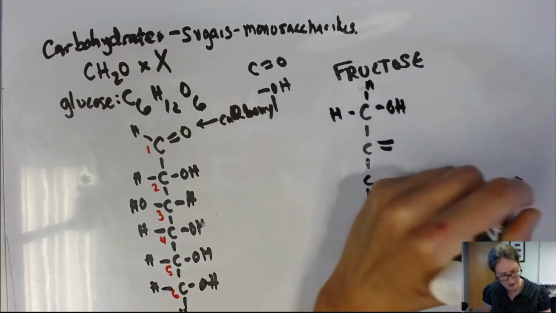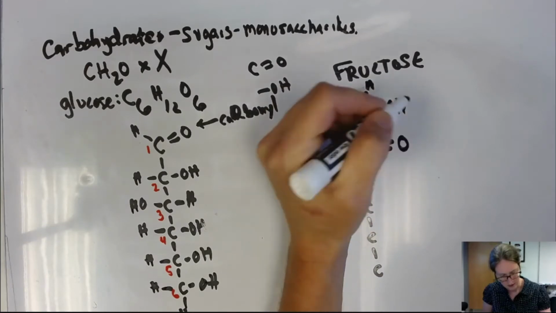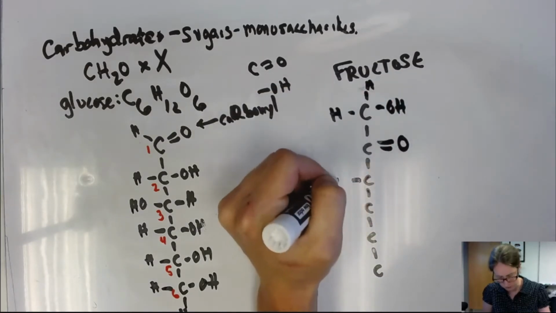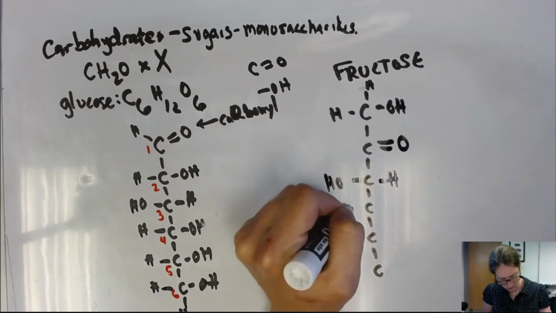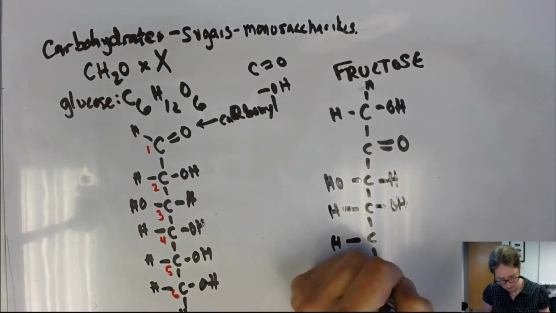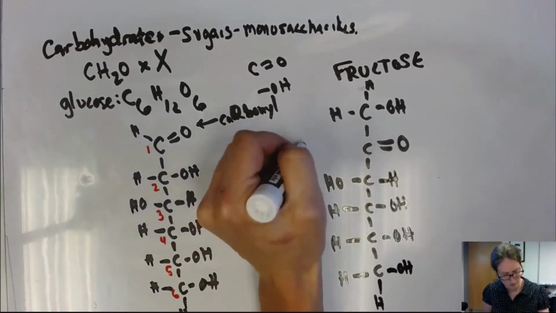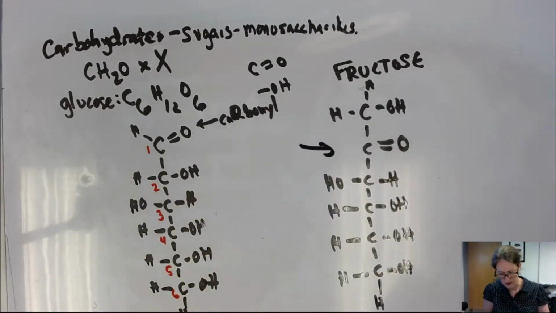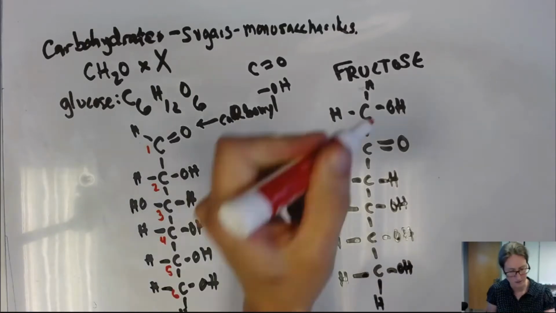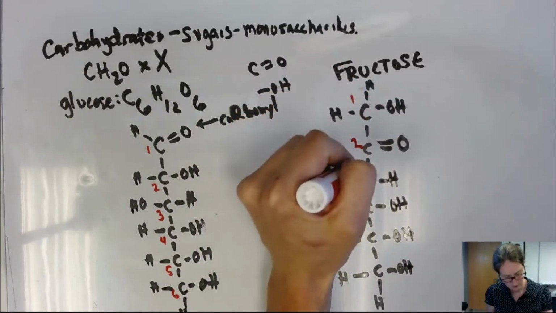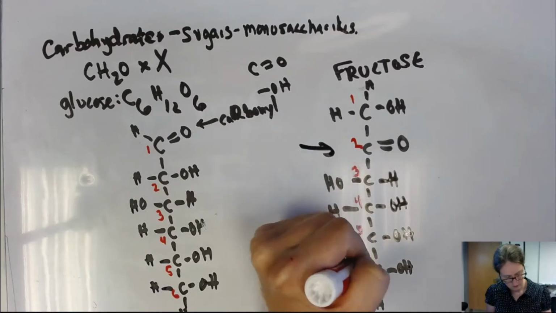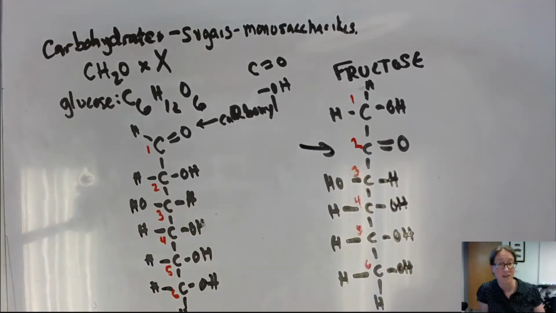And in this case, the carbonyl group is found on carbon number 2, right? So there's our big difference there. So again, we're numbering these carbons. Same molecular formula, but different structure. Okay.